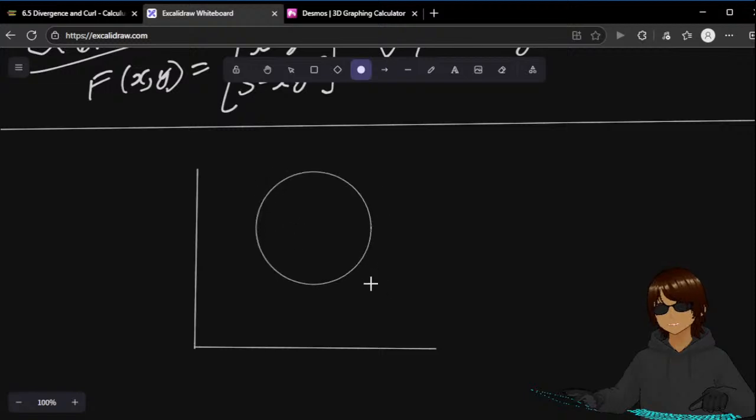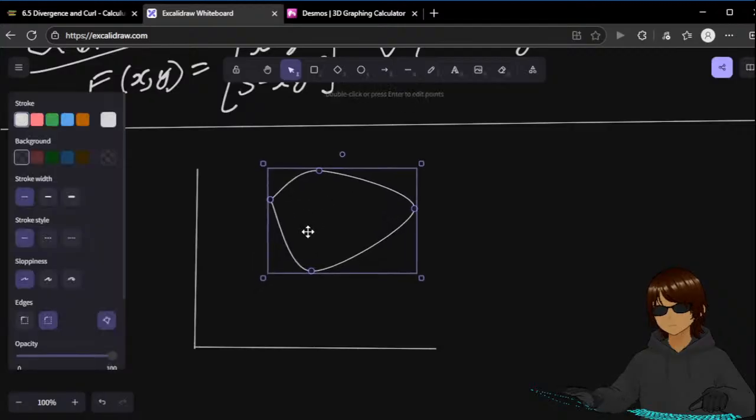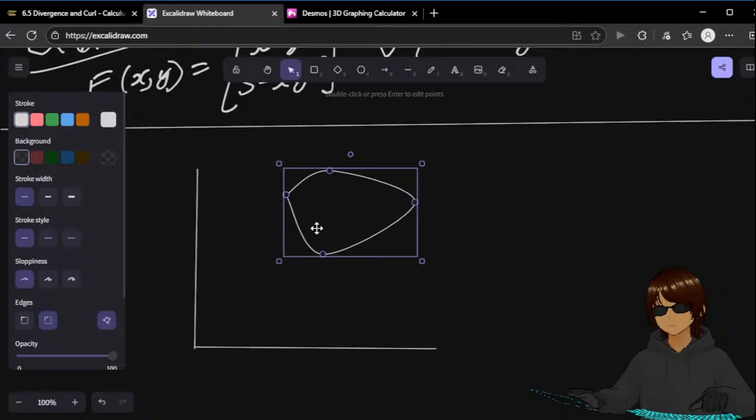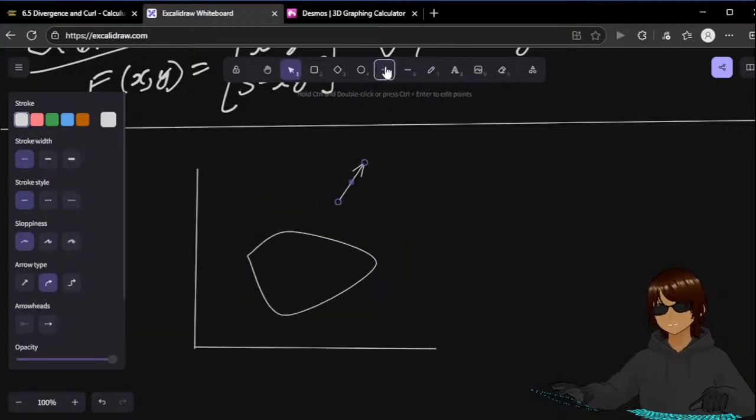Let's say we have an elastic band. Suppose this vector field points in that direction.